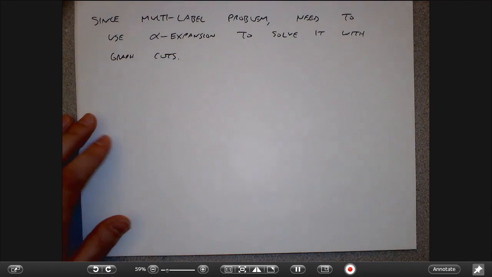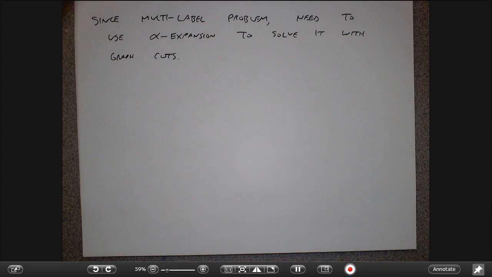You can refer back to one of the earlier lectures about how alpha expansion works, basically saying that at every stage I am updating whether I should keep the label that I have, or switch to this potential new disparity, right? So if I have 16 disparities, I'm having a while loop over a for loop of 16 disparities, saying for every pixel, should I stick or should I change?